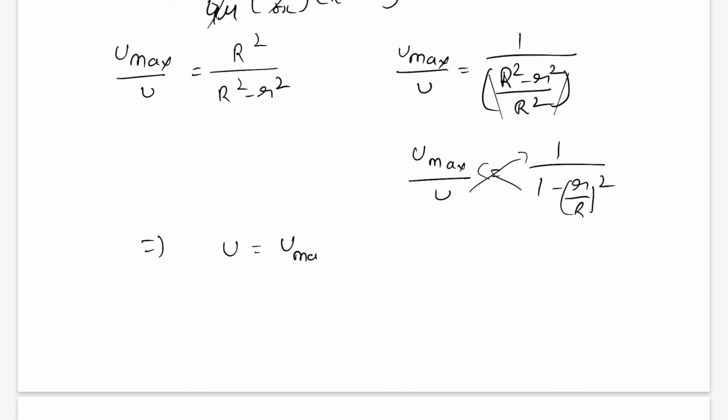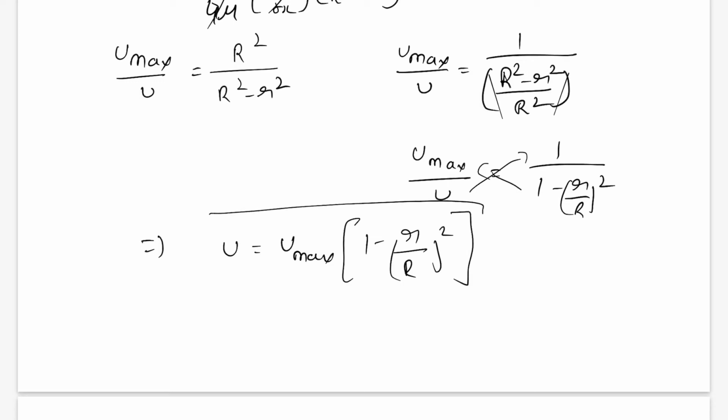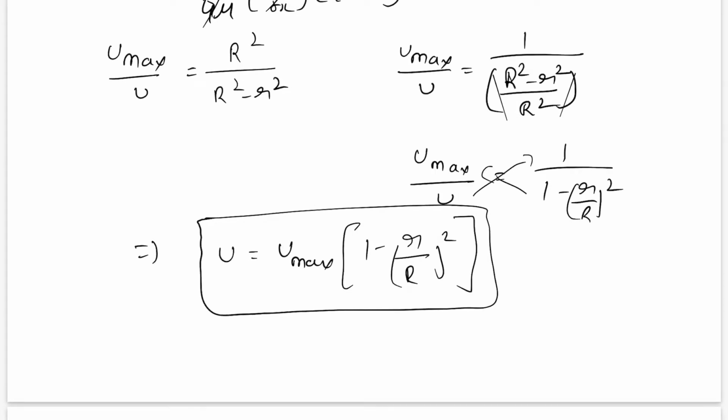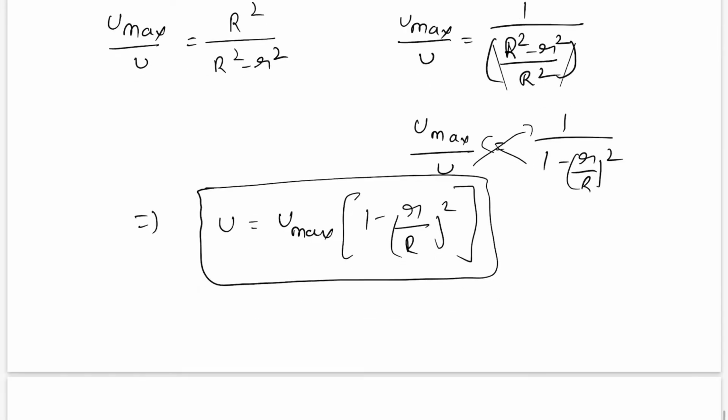U is equal to u max into 1 minus small r by capital R whole square. This is another expression, where we express velocity in terms of the maximum velocity. Now we've derived the expression for velocity in terms of maximum velocity.